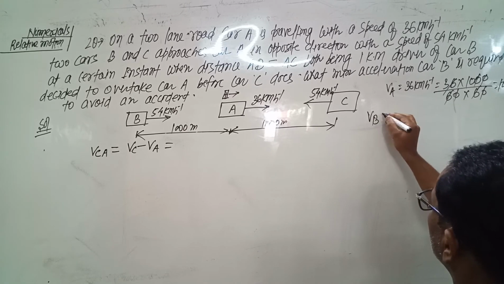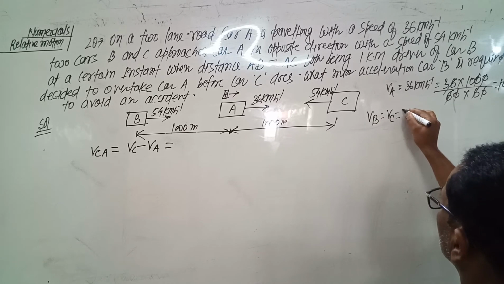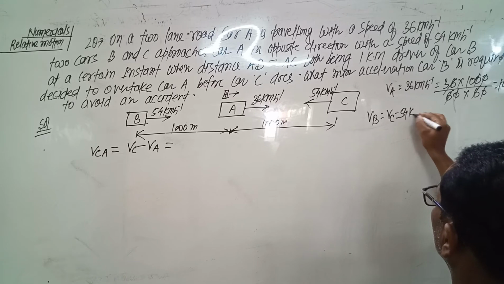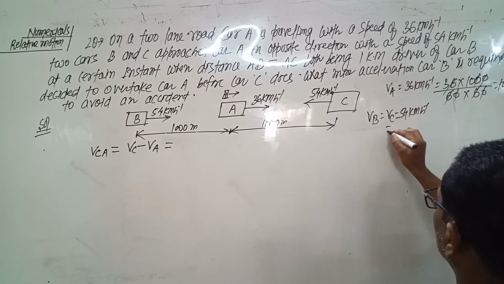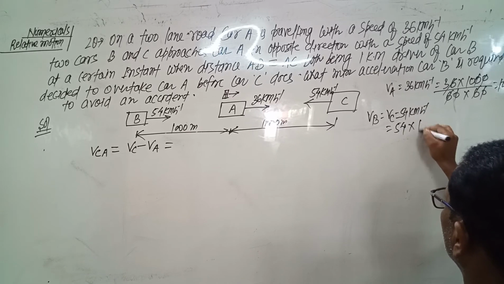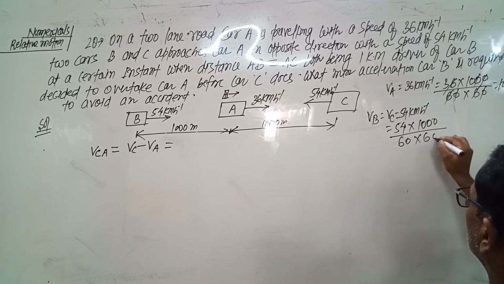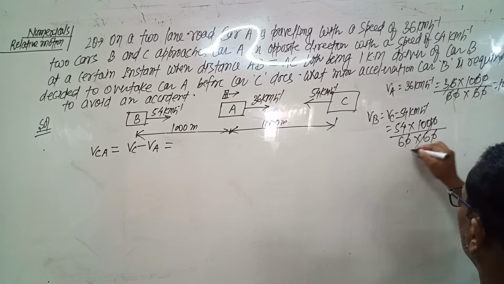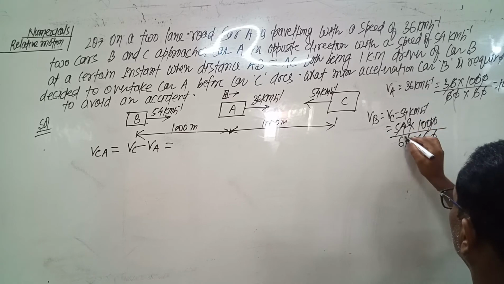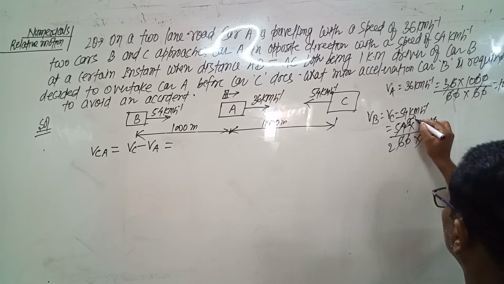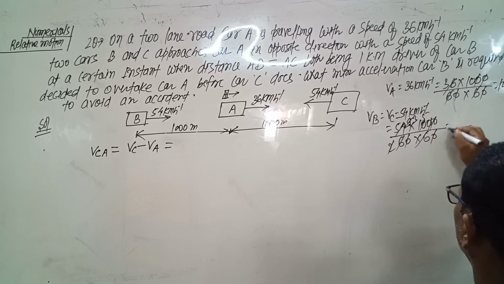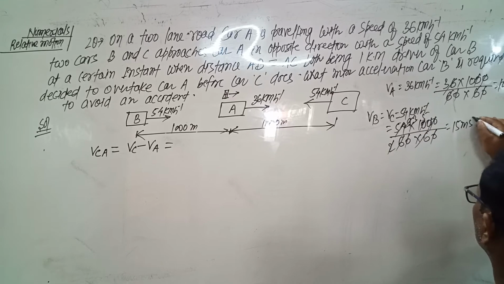VB equals VC equals 54 kilometer per hour, so this is 54 into 1000 divided by 60 into 60, which is 15 meter per second.